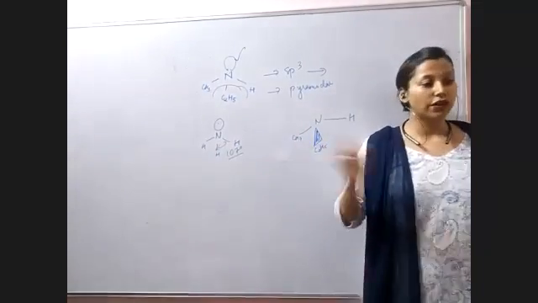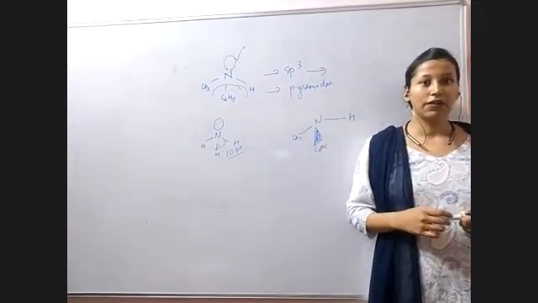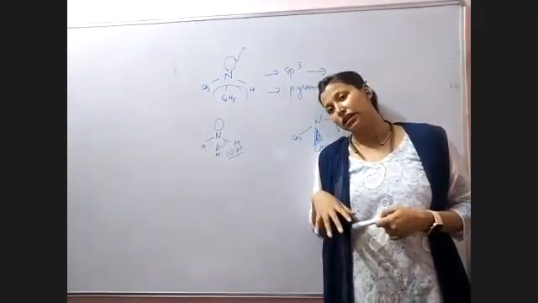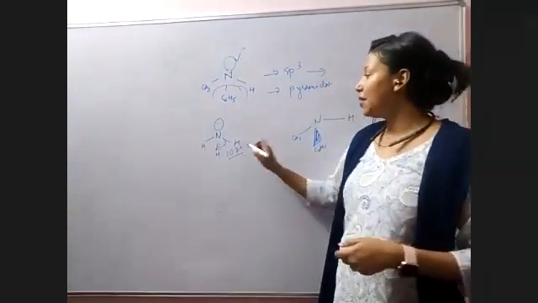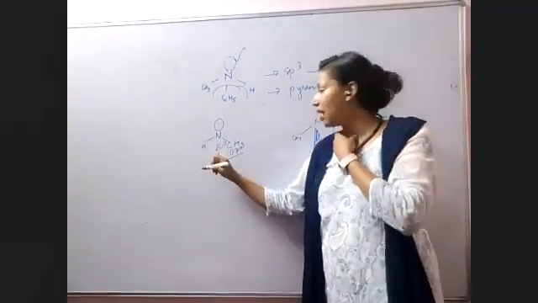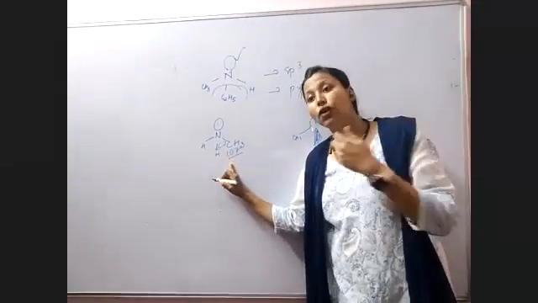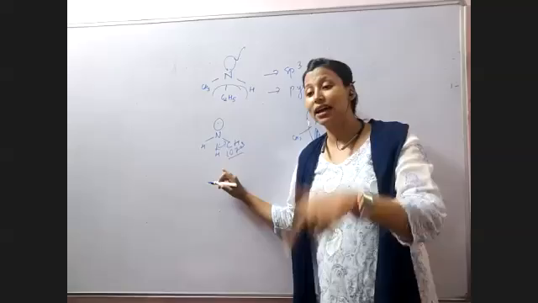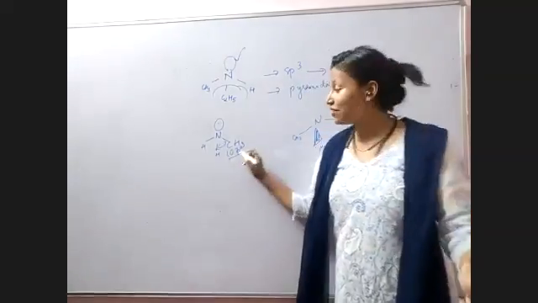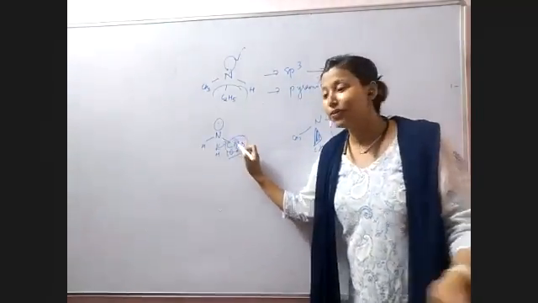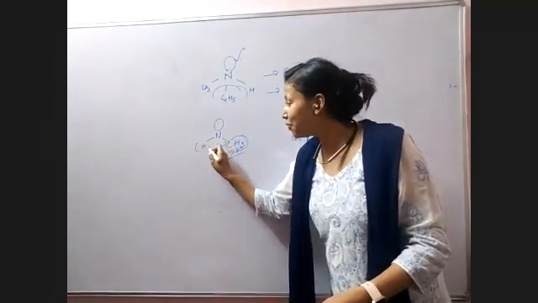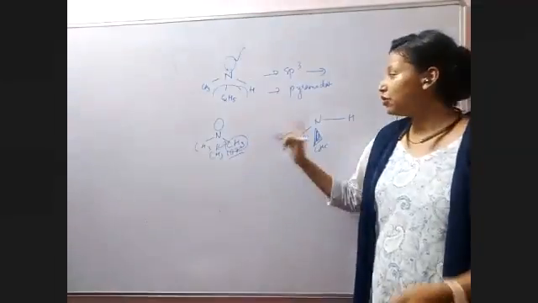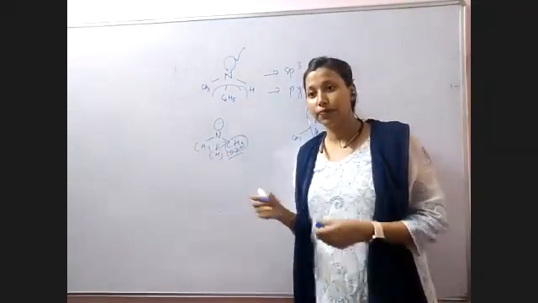Will it be larger or smaller? बॉन्ड एंगल बढ़ेगा कि घटेगा? अगर मैंने यहाँ पे CH3 लगाया तो यहाँ पे बॉन्ड एंगल 107 रहेगा, तो रिपल्शन की वजह से बढ़ेगा कि घटेगा? बढ़ेगा, because this is a bulky group. So the more bulky groups you have, your bond angle keeps on increasing. Is that okay?